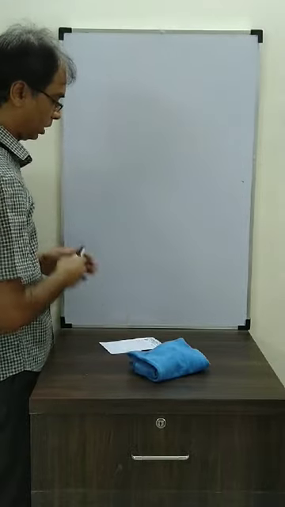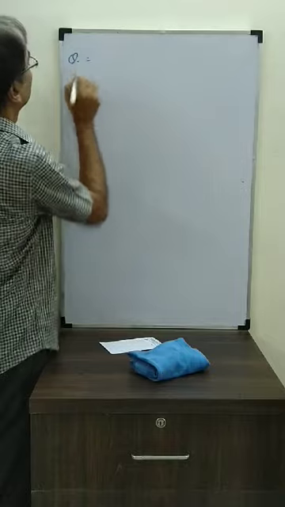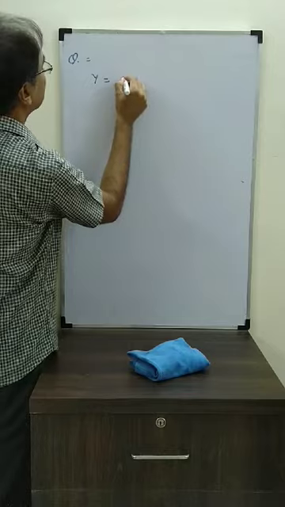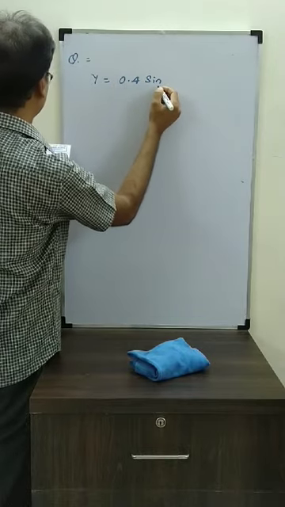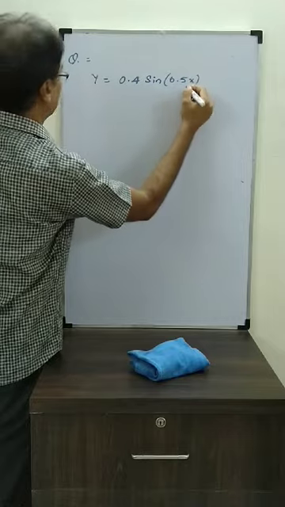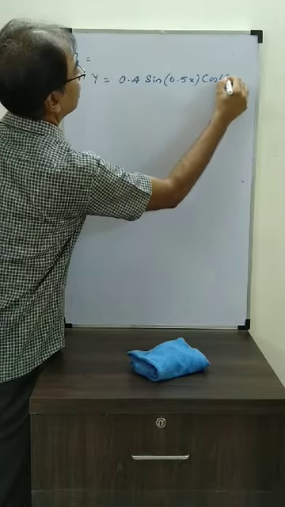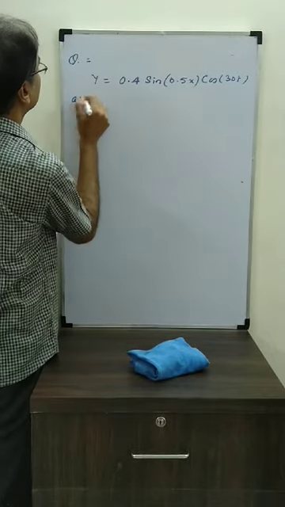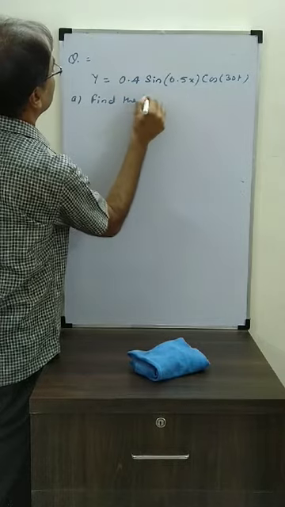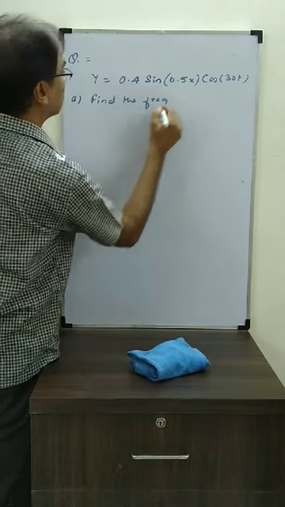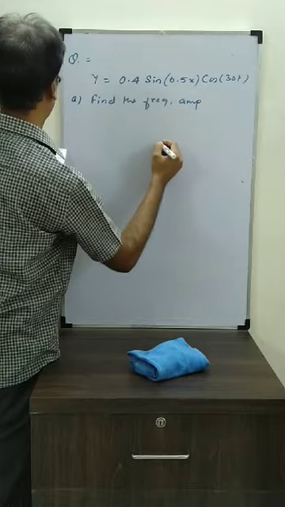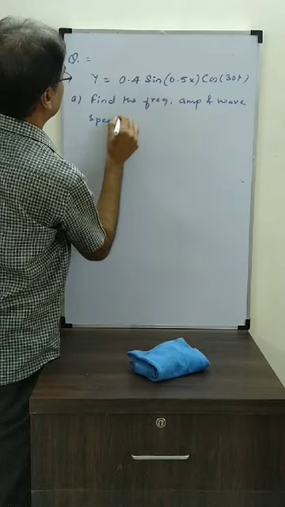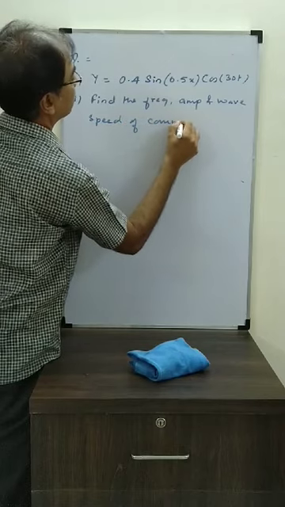Okay, the next question I am writing. If a standing wave is given as 0.4 sin(0.5x) cos(30t), then question number 1: find the frequency, amplitude and wave speed of component waves.